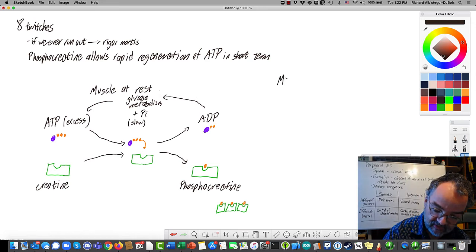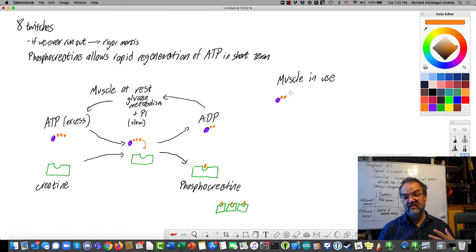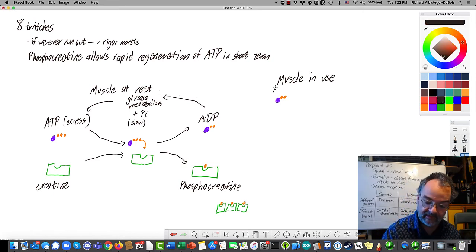When the muscle is in use, we're taking ATP and breaking it up into ADP. So our ATP is being used by the myosin or by calcium pumps or whatever. And we end up with a lot of ADP, so effectively expended ATP.